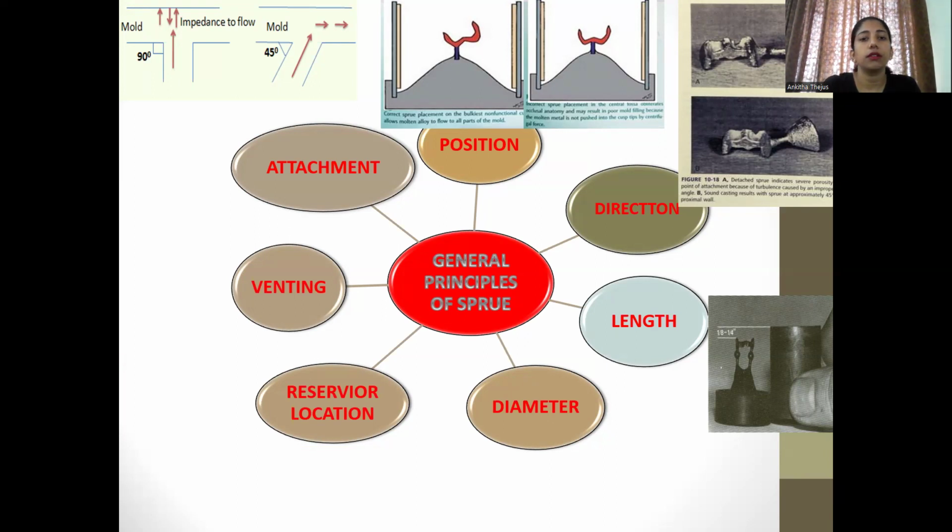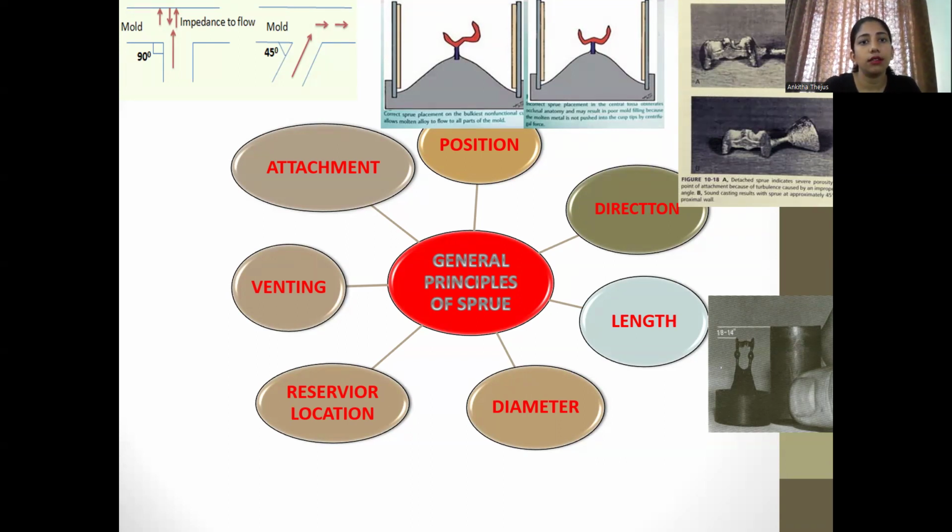When we talk about positioning, the sprue should be positioned in the bulkiest portion of the pattern which we have fabricated, especially at the non-functional cusp. That's how we position the sprue.